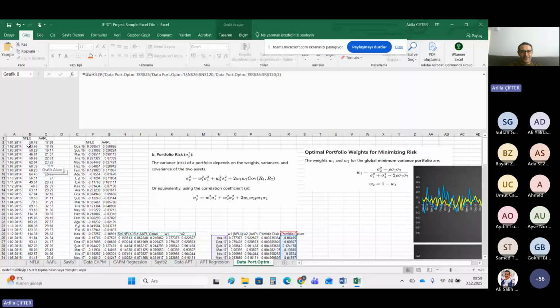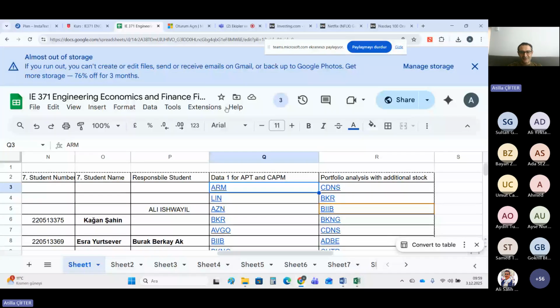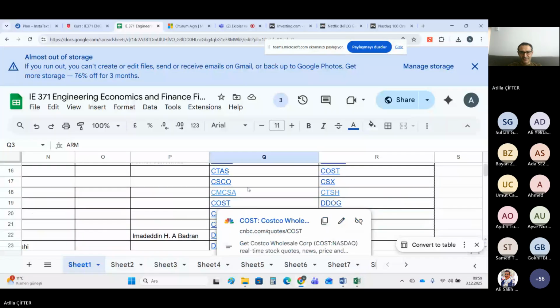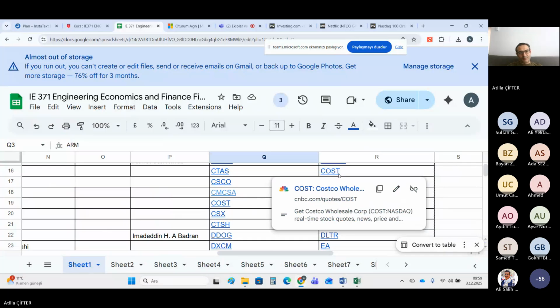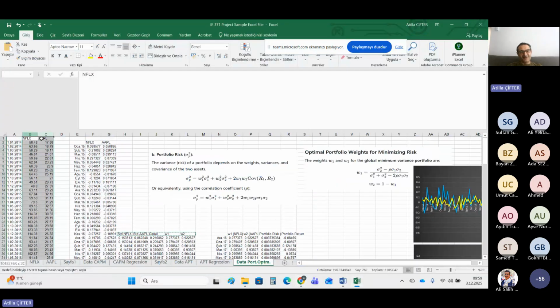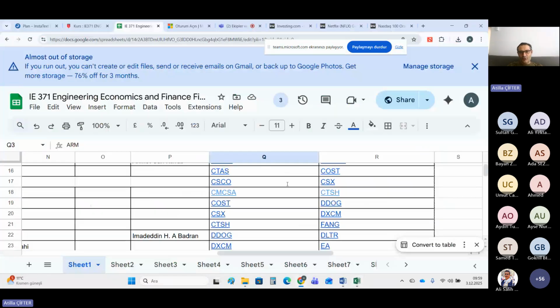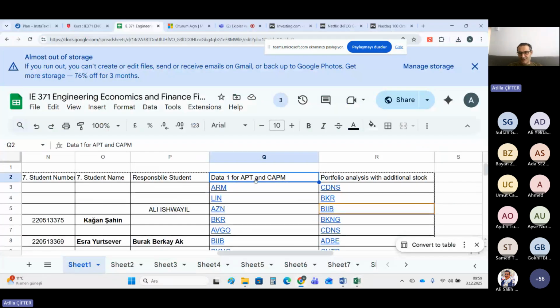In your Excel file, you have the stocks already written, like Cisco, GSX. You need to take both of them and replace them with Netflix and Apple. Remember, for CAPM and arbitrage pricing theory, you selected an individual stock return.